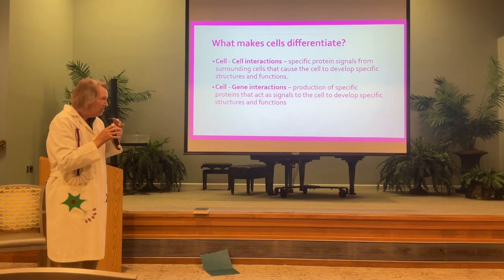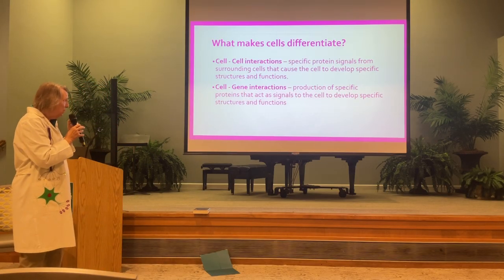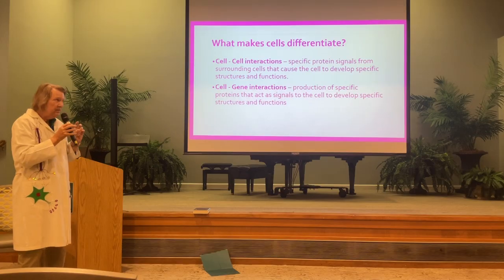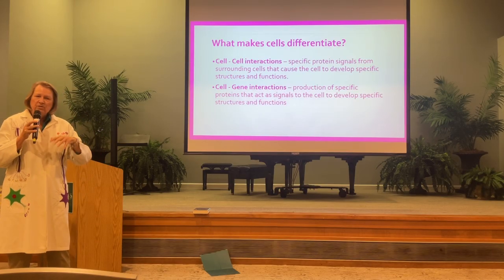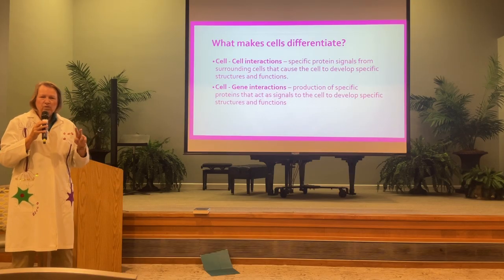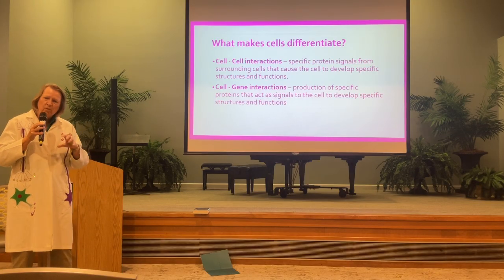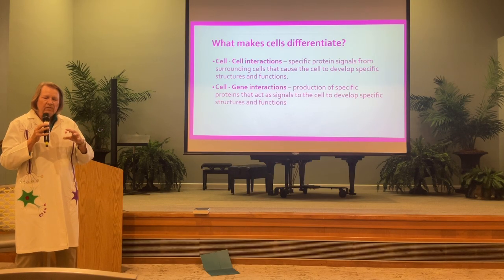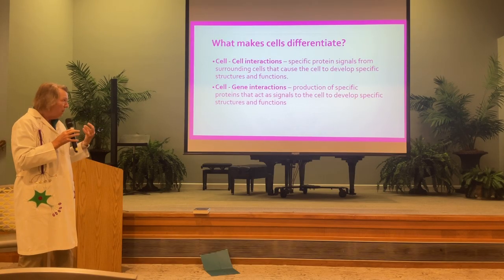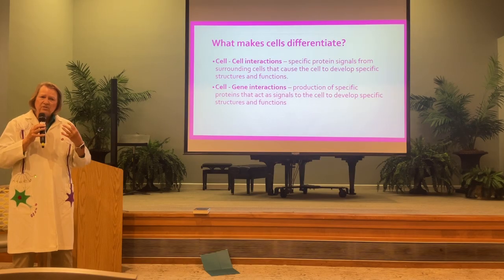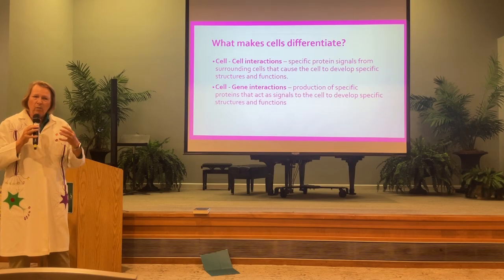And then the other thing is that there are specific proteins that are produced by the DNA that cause special structures and functions to develop. So there's two big things. There's signal proteins that are made in the developing fetus to make it into an embryo, and then there is the relationship of the cells that are next to it deciding what it will become.